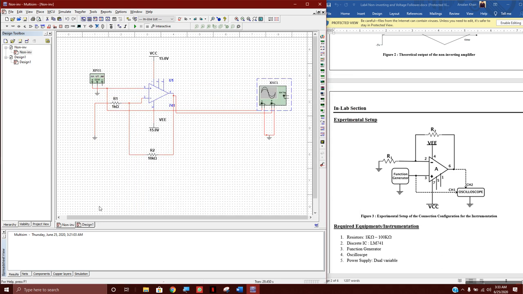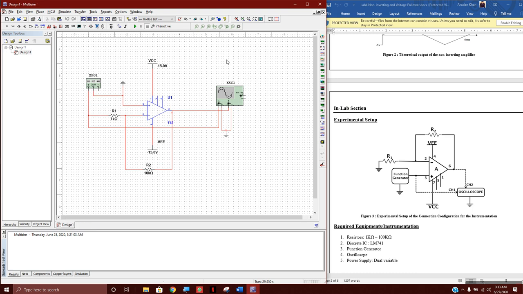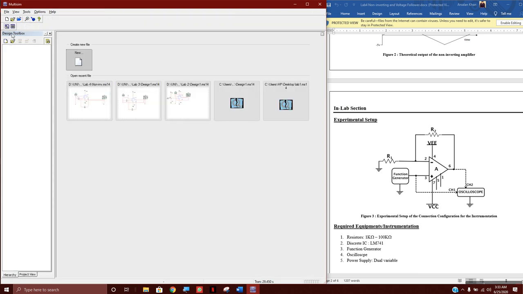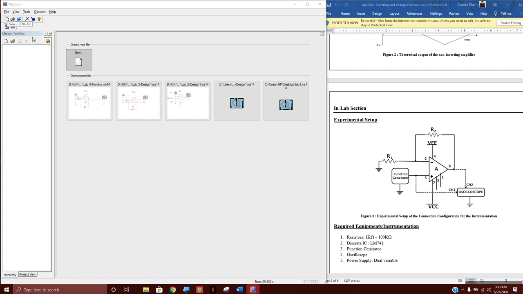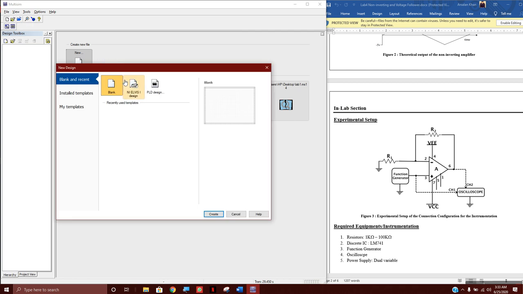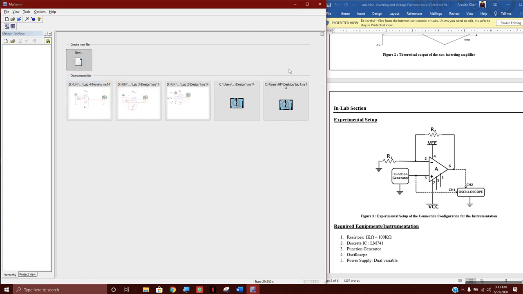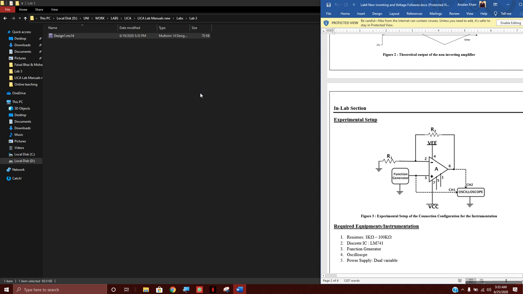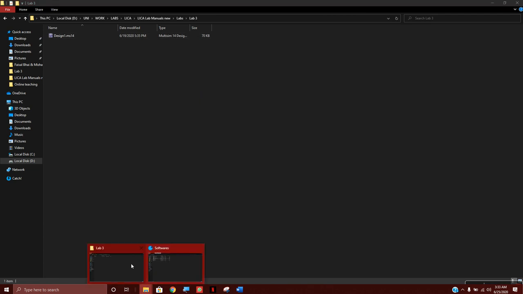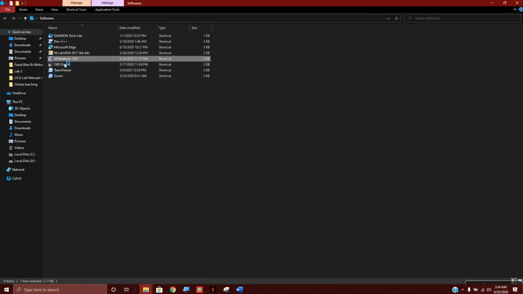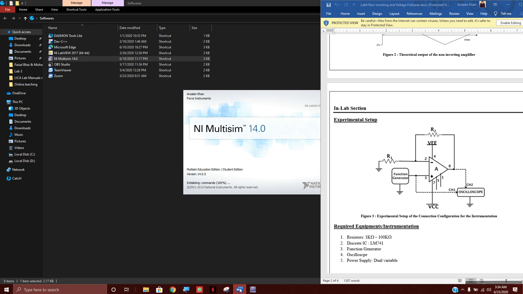So that was our non-inverting amplifier. Now let's take a look at our voltage follower, shall we? Quit this and go to the software and start it up.